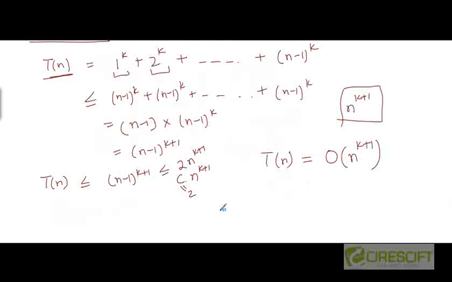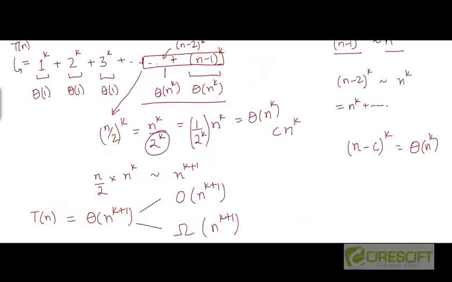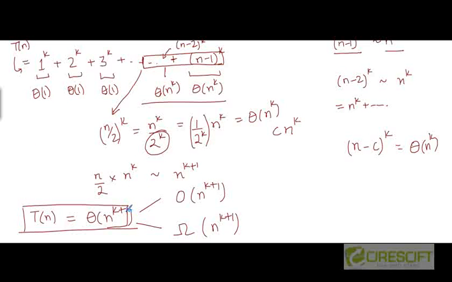So we have proven that T of n is in big O of n to the power k plus 1. We have proven that T of n is in big omega of n to the power k plus 1. So we have proven that T of n is in theta of n to the power k plus 1. And so the overall complexity of this series, the rate of growth of this series, is theta of n to the power k plus 1, or n to the power k plus 1.